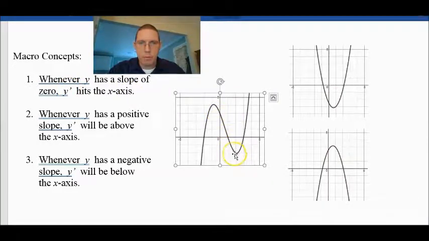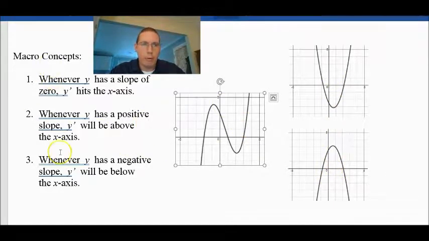There's another place where this has a slope of 0, right down here, and that's right at about x equals 2. And this one, look, it hits the x-axis just about at x equals 2. This one also hits the x-axis at about x equals 2. So we need to find out which of these two is the derivative.